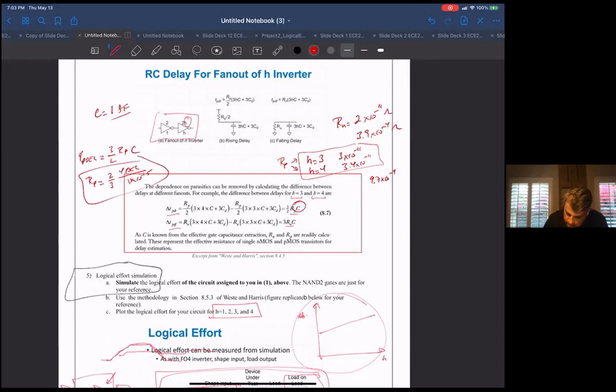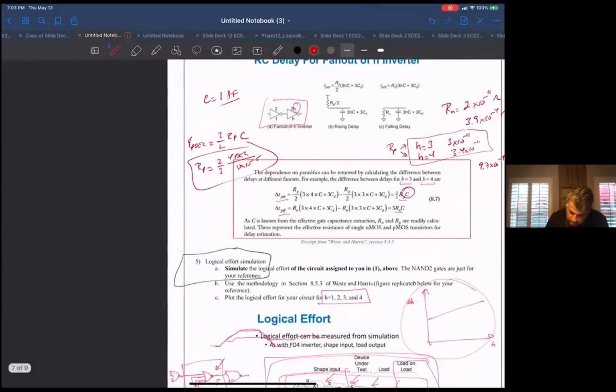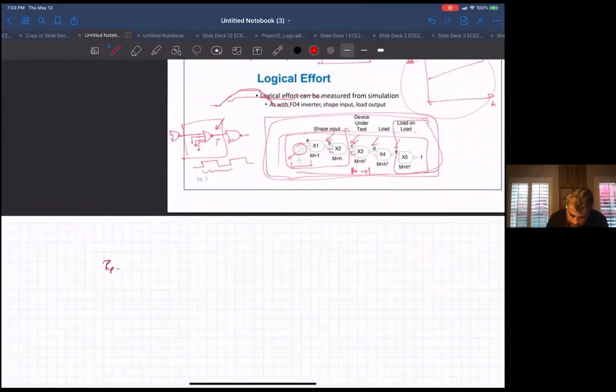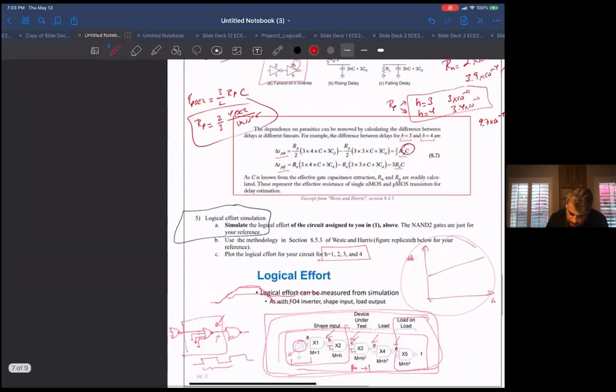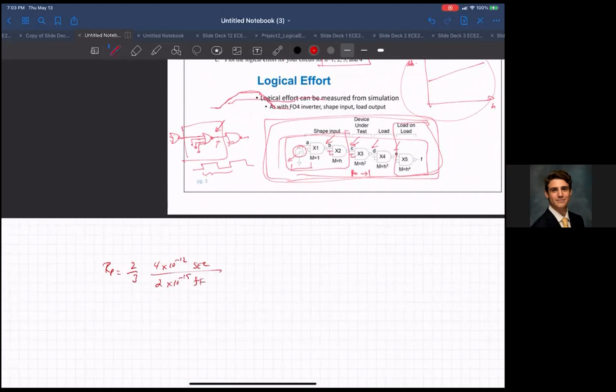So R_p would be 2/3 of 4 times 10 to the minus 12 seconds, and say, what did you get for, let's say two femtofarads, for C_G? 2.7.